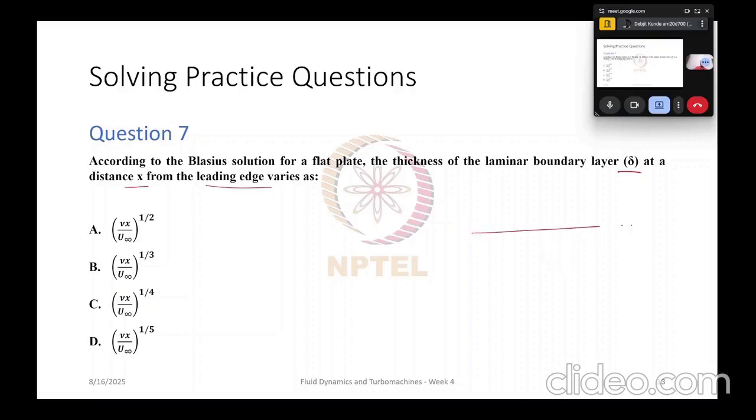So, if this is the boundary layer, and let's say this is where my coordinate system starts, this being x and this being y, and the boundary layer thickness at any given x being delta, it's a function of x.